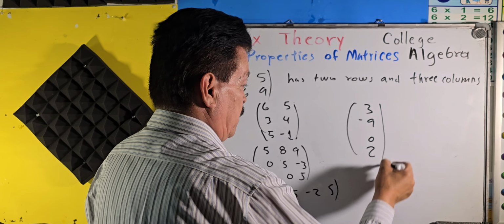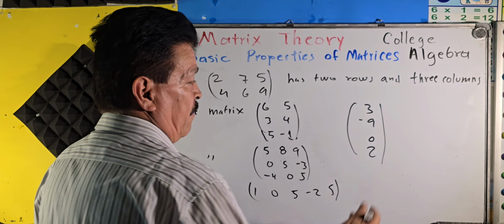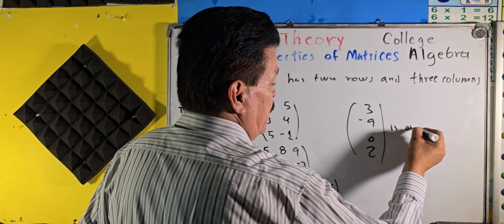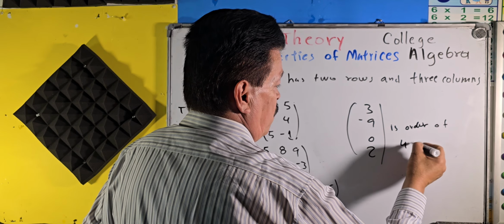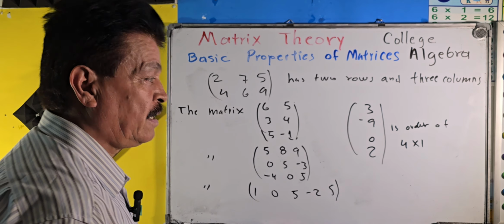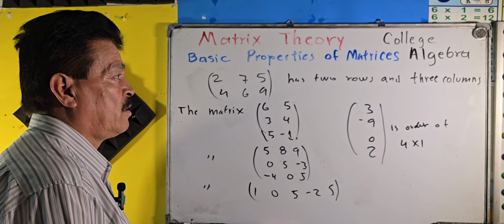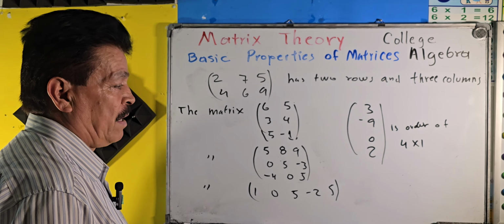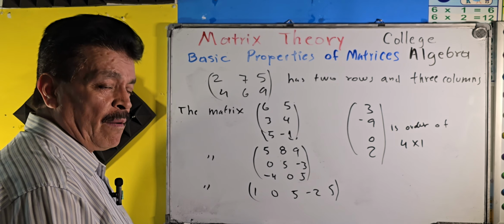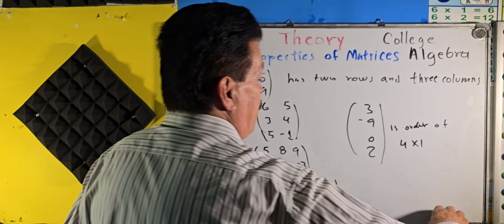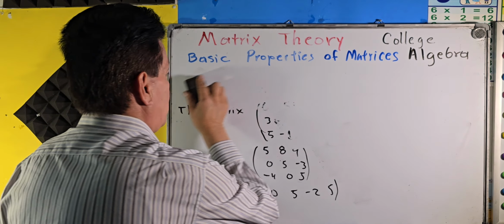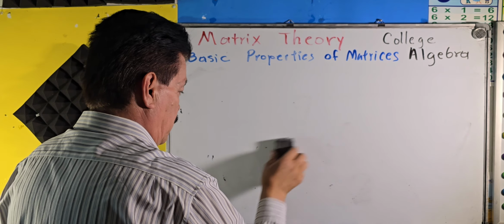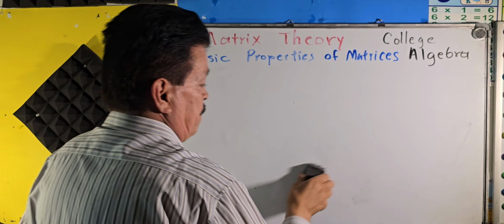So this matrix is of order 4 by 1. This is the way we classify matrices in my class. Okay, so we have operations with matrices. These are some properties, some rules that we must know.